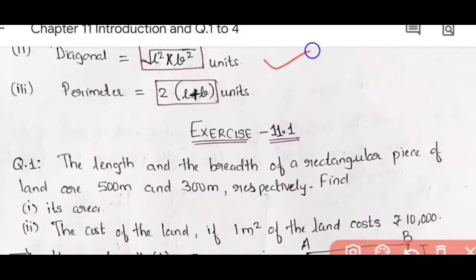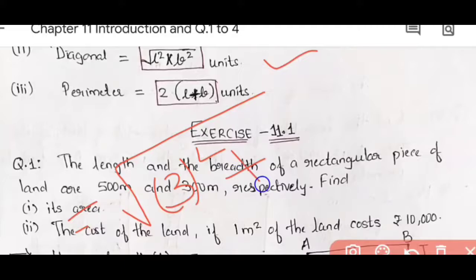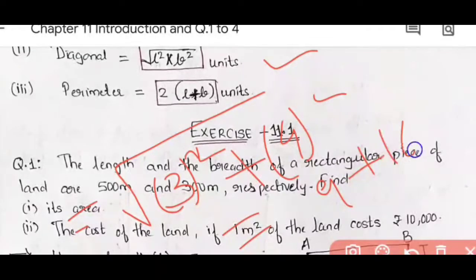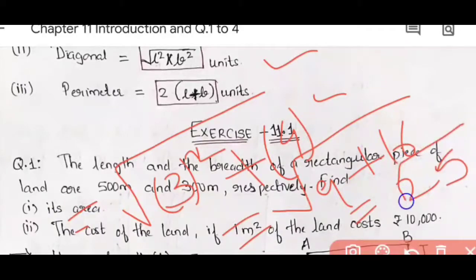While putting it in the formula, you will write diagonal is equal to under root of 3 square plus 4 square. So what will you get? 9 plus 16 under root is equal to 25 under root, and root 25 is 5 centimeter. So given length and breadth, you can find the diagonal of the rectangle using this formula.